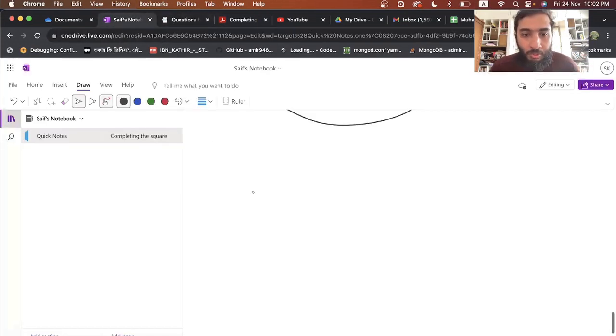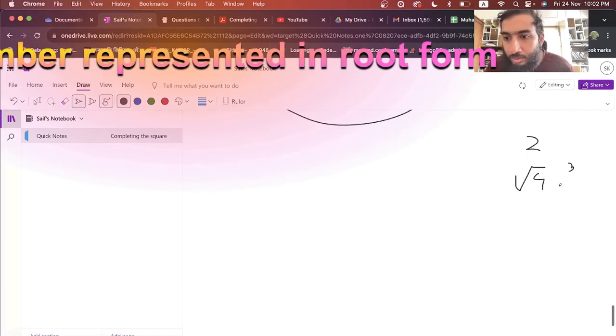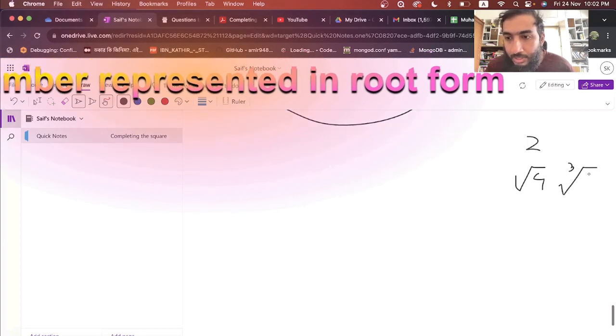So if I go to my notebook, a surd form is basically, for example, take the number 2. The surd form of 2 would be root 4. It can also be written as cube root 8.